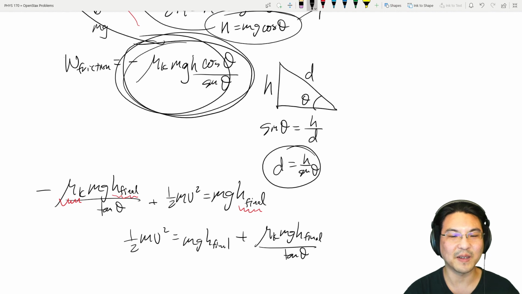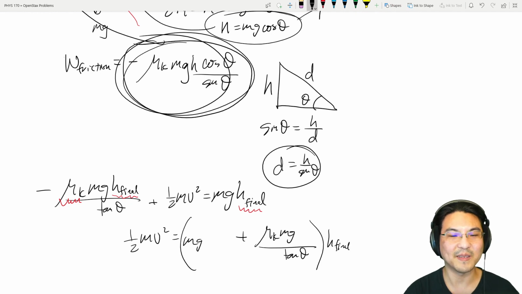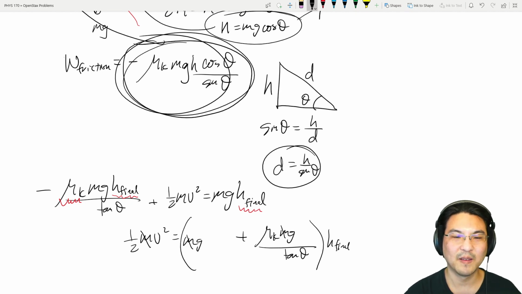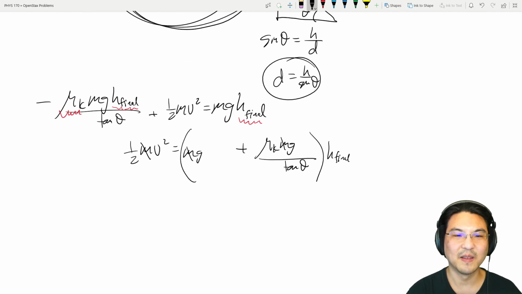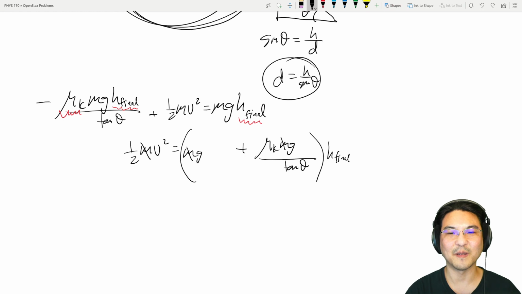And then factor out h final. Okay, and then note that mass is non-zero, so we can divide everything by something that's non-zero. And then just take all of this and put it in the denominator here, and then you got the final height.